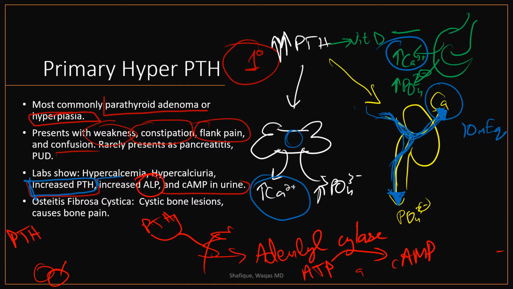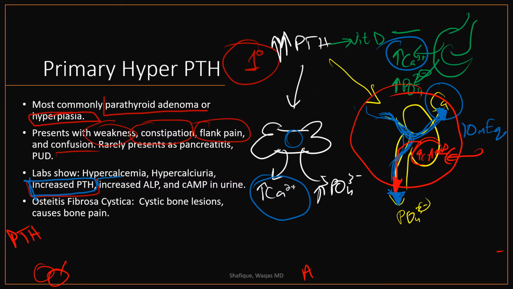And your kidney is responsive to PTH. So when PTH comes and binds here, you'll have increased cAMP in the cells of the kidneys, which will also show up in the urine. So you'll have increased cAMP in the urine. Okay?